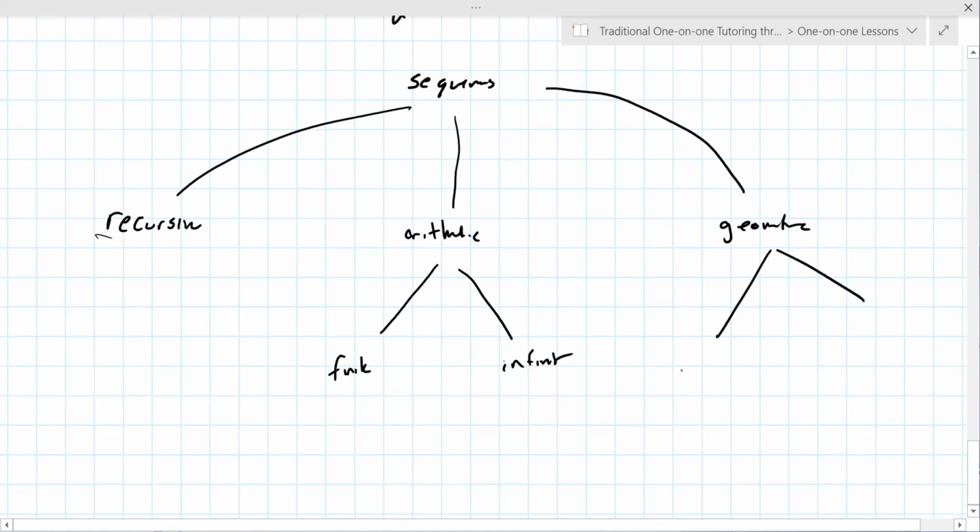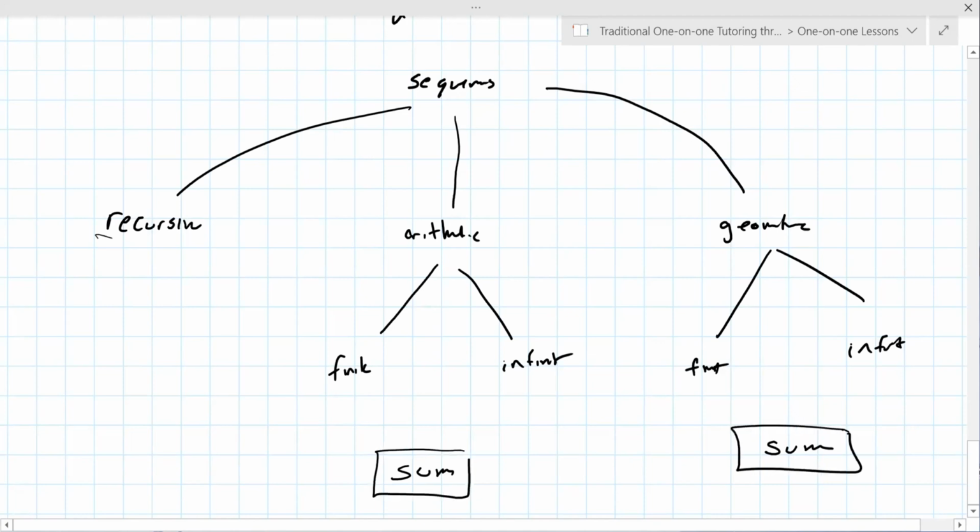Same thing with geometric, there are finite and infinite. And in some situations, you can sum these. There are formulas for writing the terms, and then formulas for the summation of them, and you have to be aware of that. You'll maybe have a reference sheet or something that helps you navigate through that.